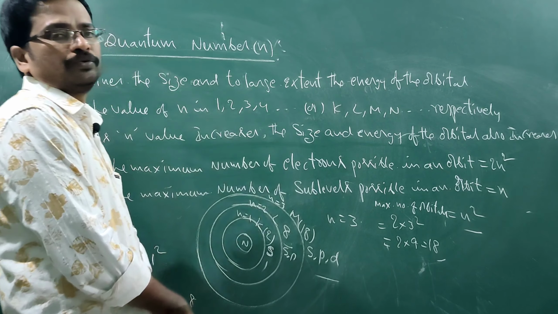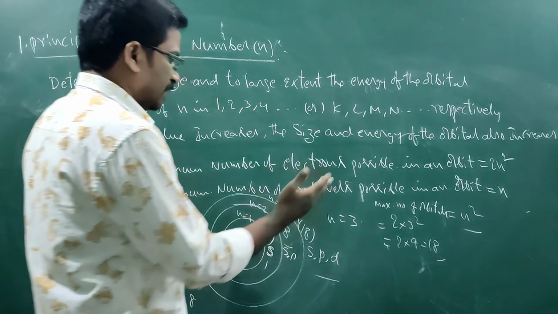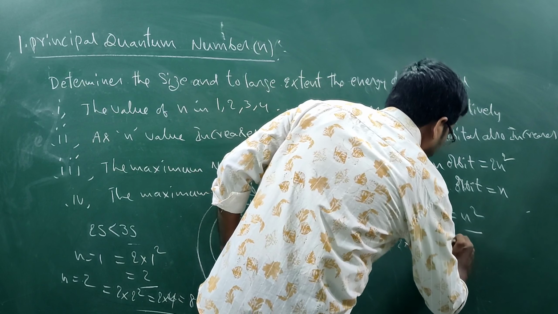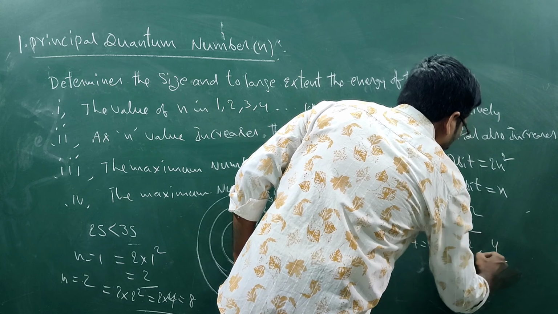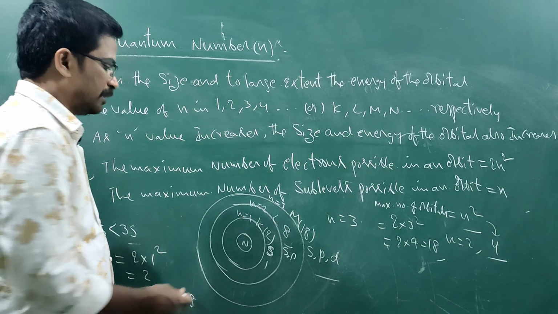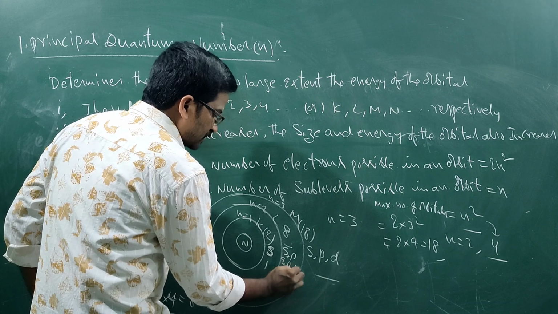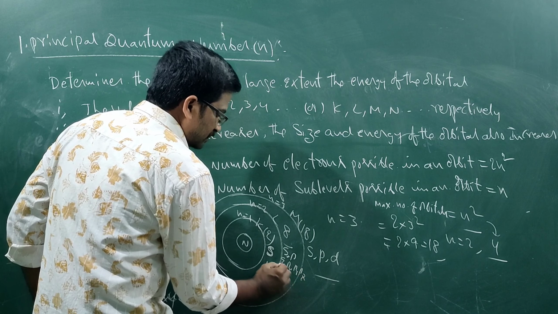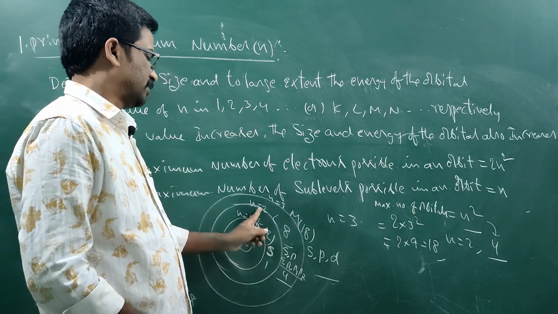Whereas for n is equal to 2, the number of orbitals is 2 square, that is 4. Here the orbitals are the s orbital and the p orbitals px, py, pz. The total of 4 orbitals are possible.